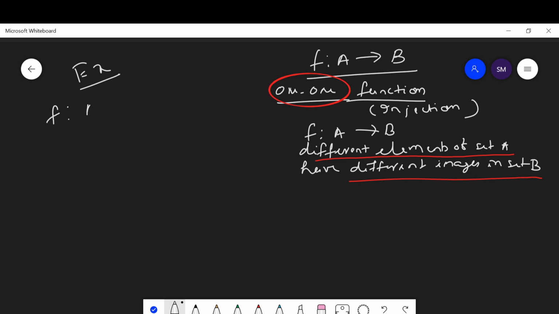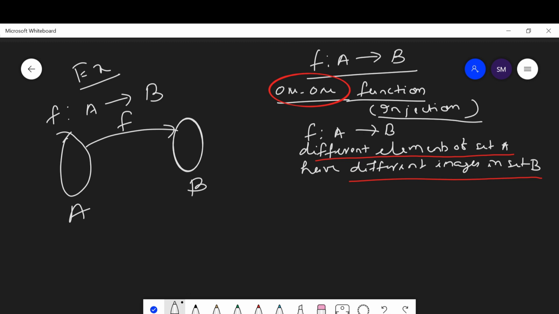Here the function f is a function from A to B. This function is one-one, as we said that a function is called one-one or injective when different elements of set A have different images in set B. Here this is set A and this is set B. f is a function from A to B. A, B, C, D are the elements in set A. E, F, G, H are the elements in set B. Here the function f from A to B is such that A is related with F, B has image G, C is related with H, and D is related with E. Here clearly f is a one-one function.